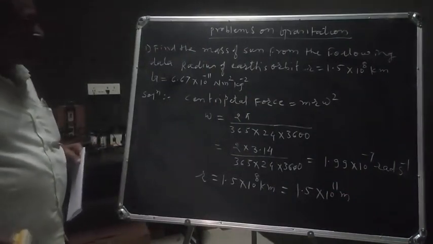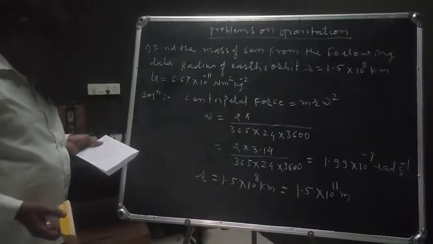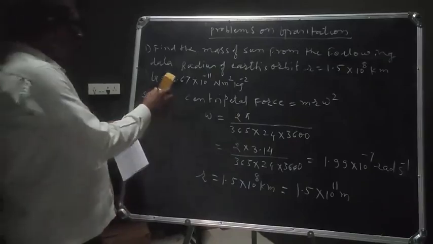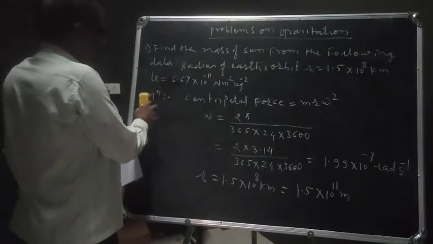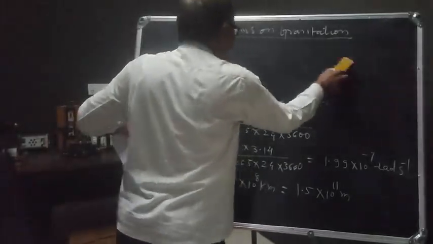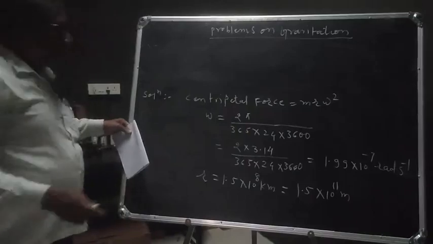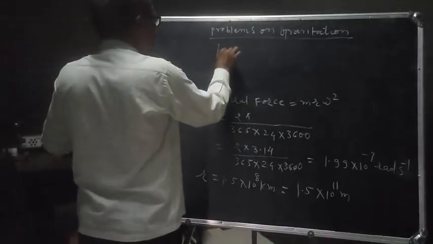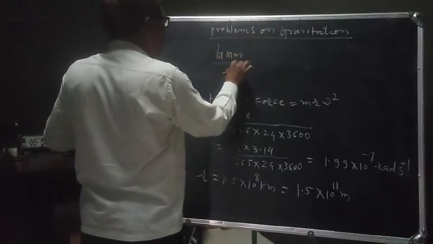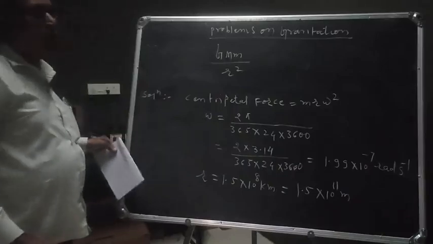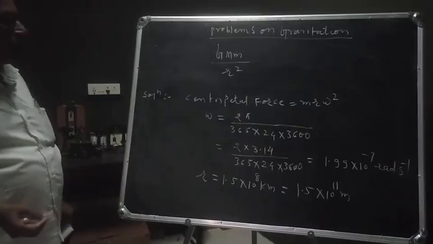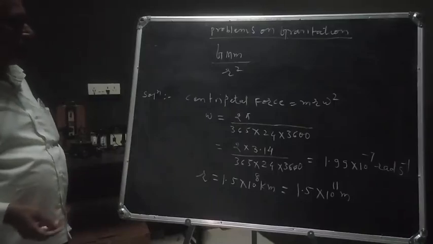Now we know that this force is balanced by the gravitational force. It is balanced with the formula as given here: G M m upon r square is the gravitational force, and this gravitational force is balanced by the centripetal force.